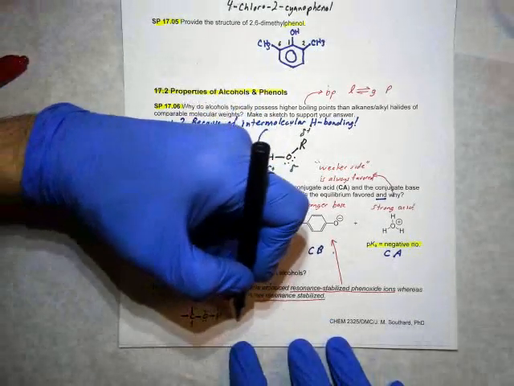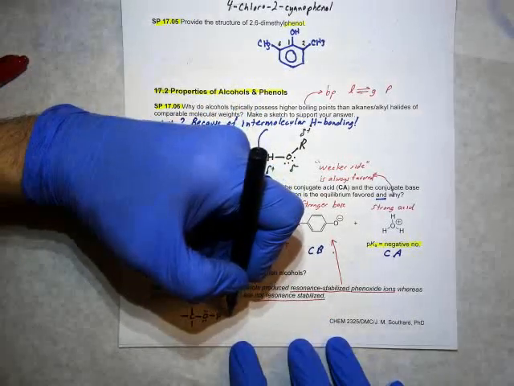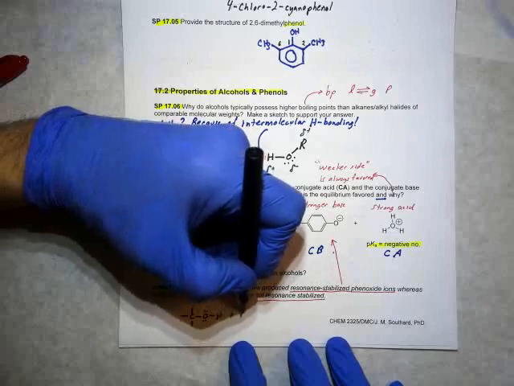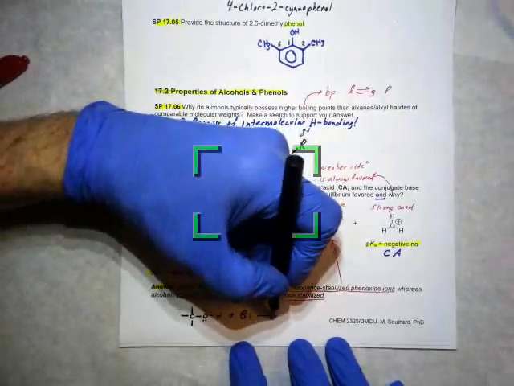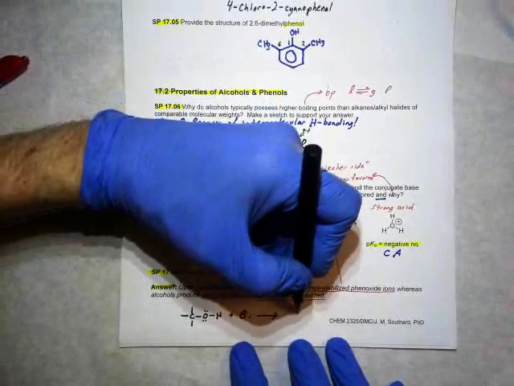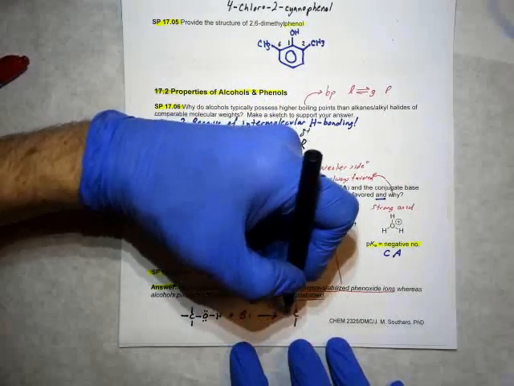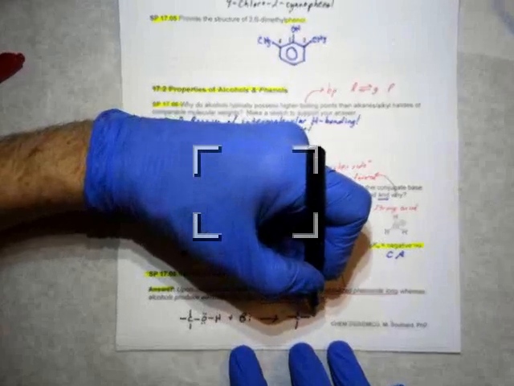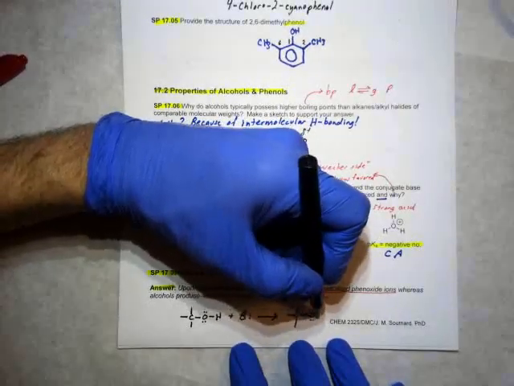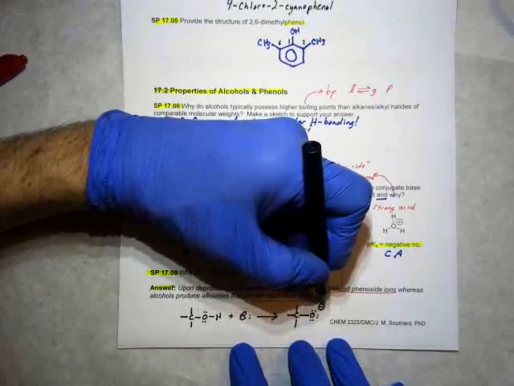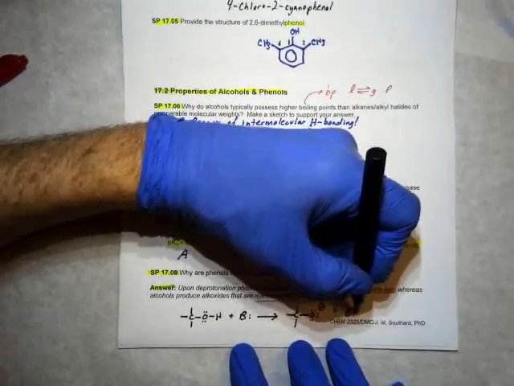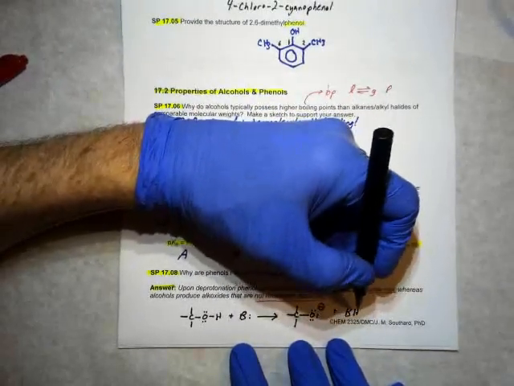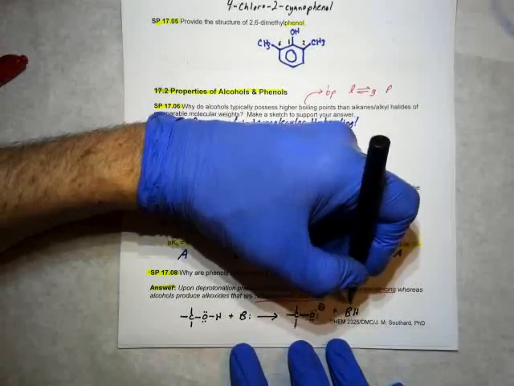If you have a sufficiently strong base, and I'll just use the term B, then what's going to happen? You're going to remove the proton, and you're going to have what's known as an alkoxide ion plus its conjugate acid.